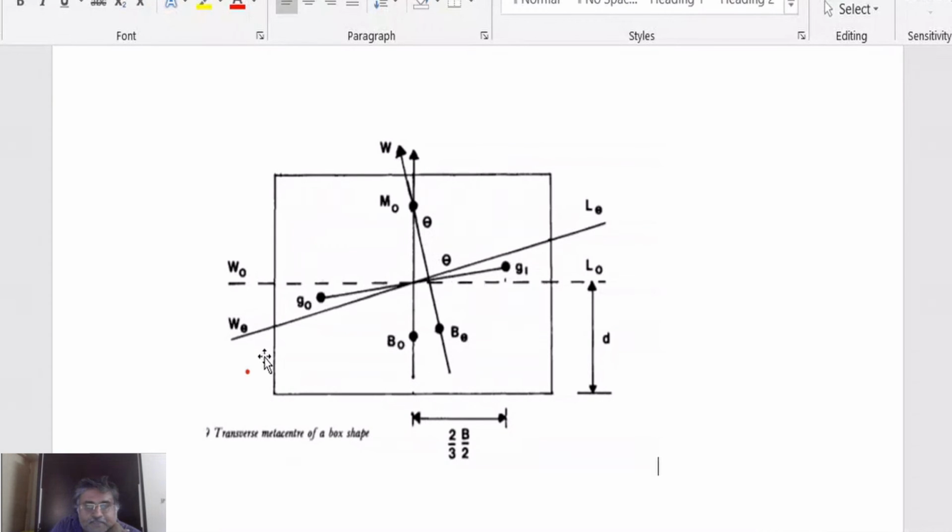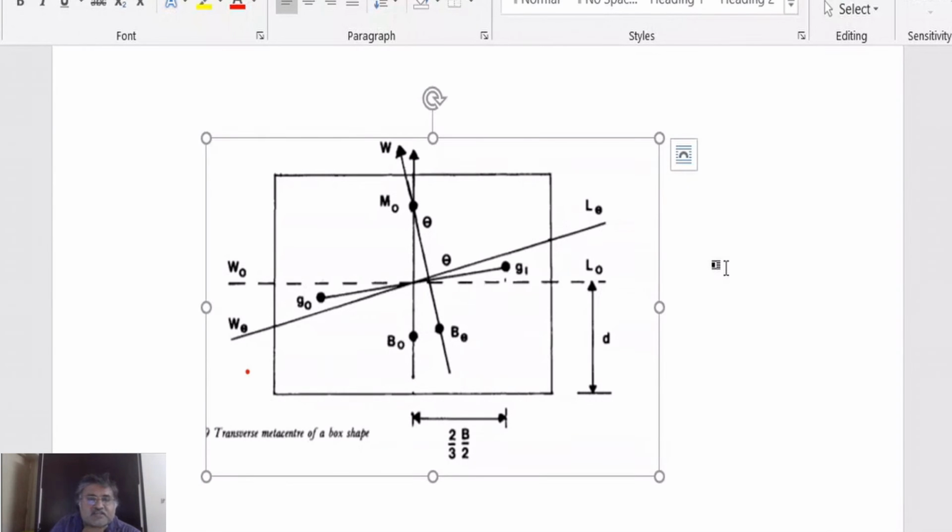Once you have this, theta is the angle of heel here, and let us assume that W0 L0 is the initial horizontal water line, and W theta L theta is the final water line, which is also horizontal.